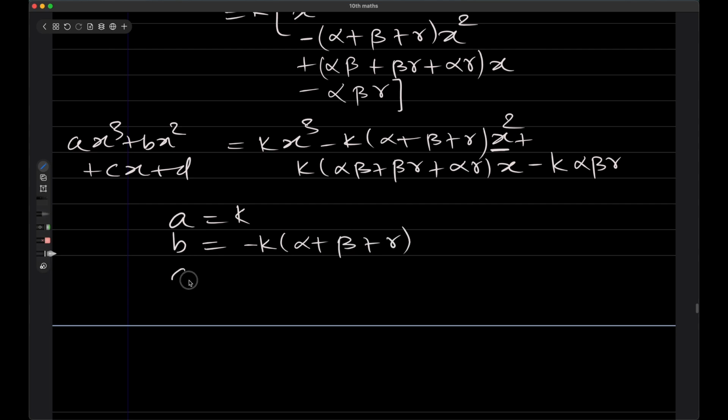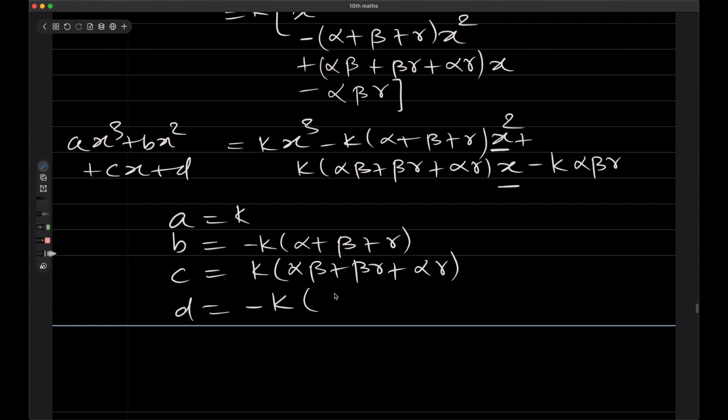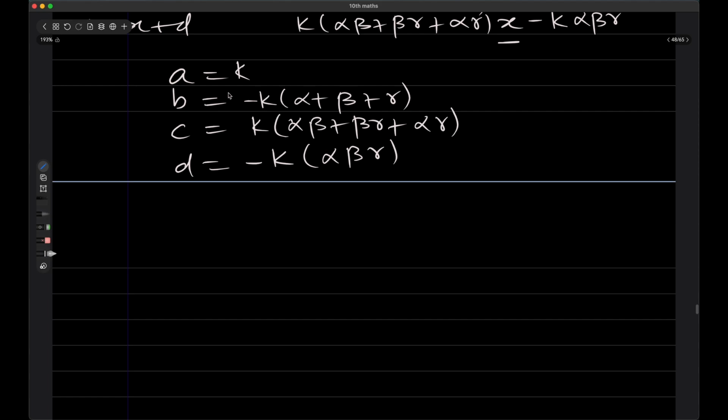We have x coefficient equals c, and right hand side x coefficient is k into alpha beta plus beta gamma plus alpha gamma, and the constant term d equals minus of k alpha beta gamma. Now let us put k equals a in the last three equations.